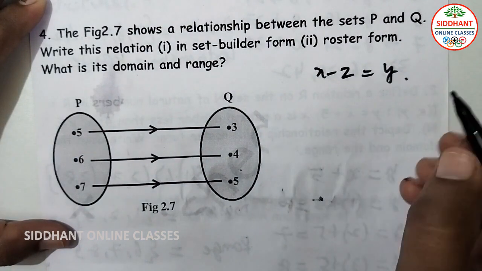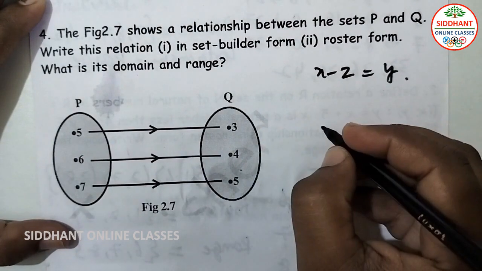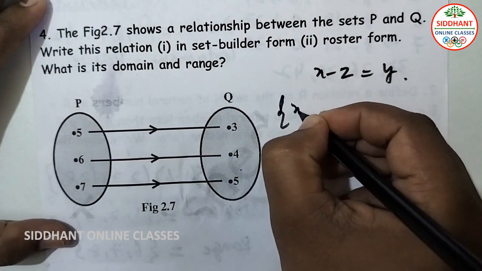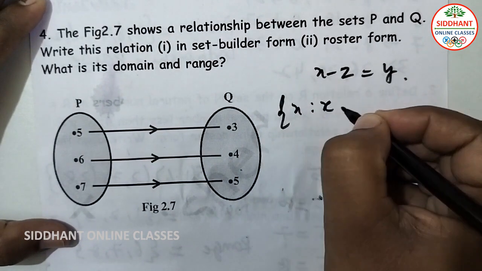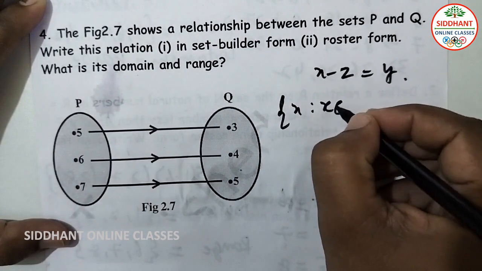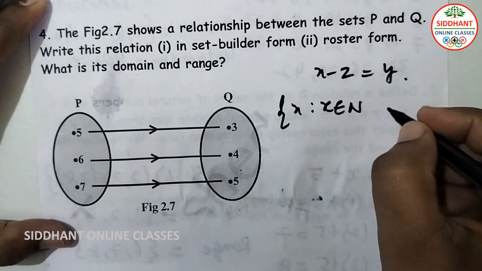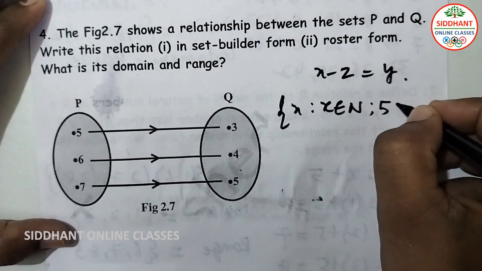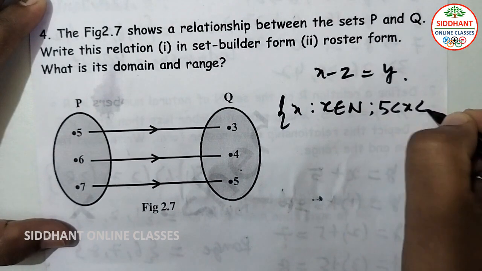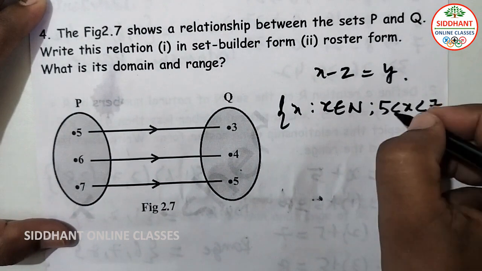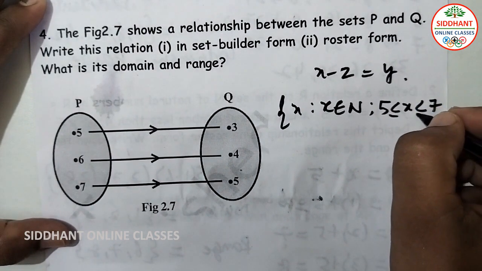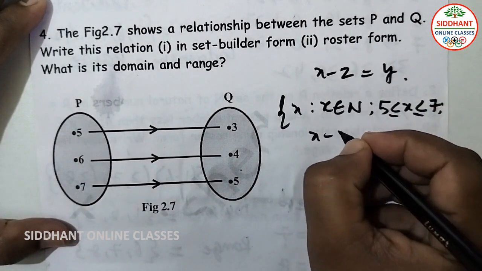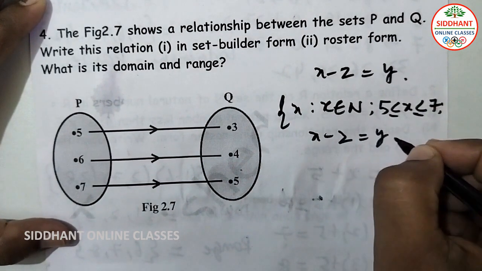This is the relation. First we write it in set builder form: x such that x belongs to N, which is a natural number, and the x range is from 5 to 7, including 5 and 7. Next, x - 2 will be equal to y.